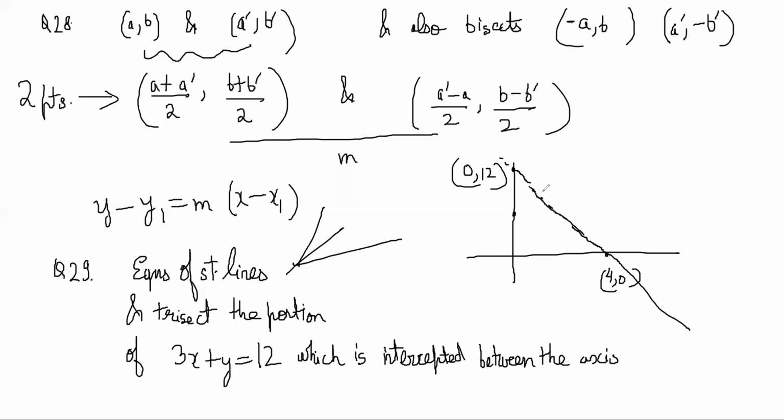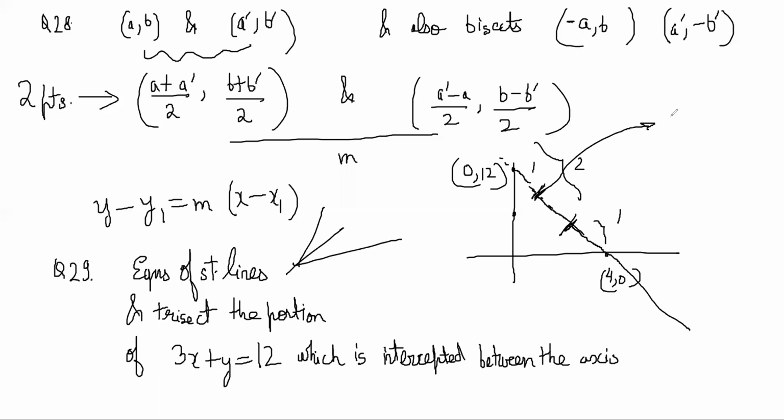So the points of trisection will divide it in the ratio 1 is to 2 and 2 is to 1. These are the two points, no? Points of trisection means make it three parts, and one point is this and another point is this. So I will find it by the section formula, I'll find this point first.